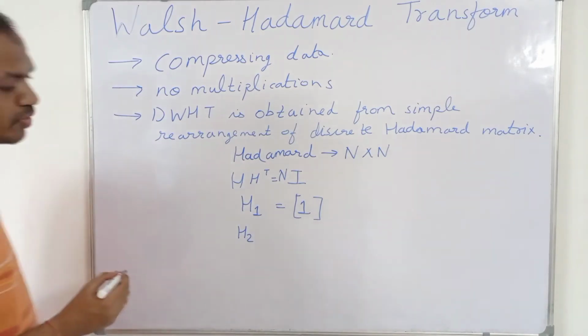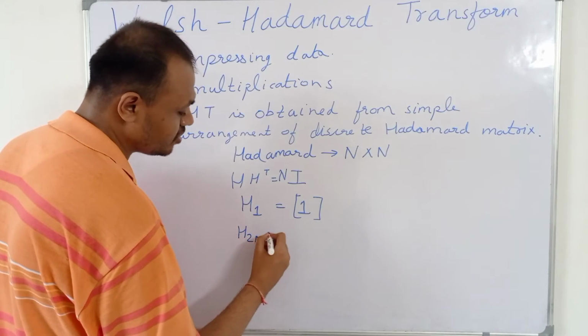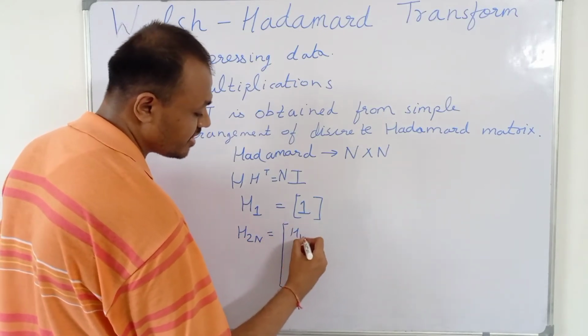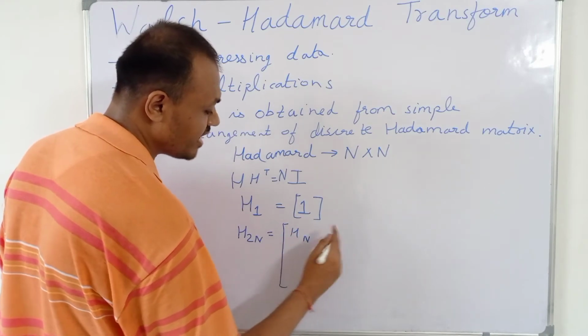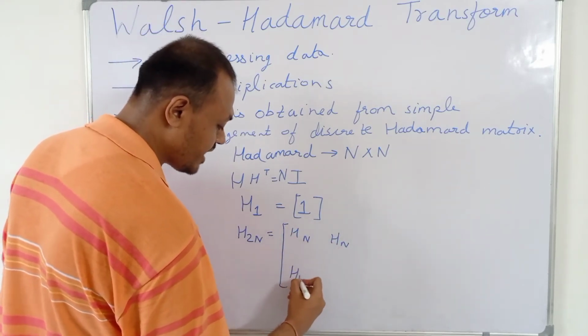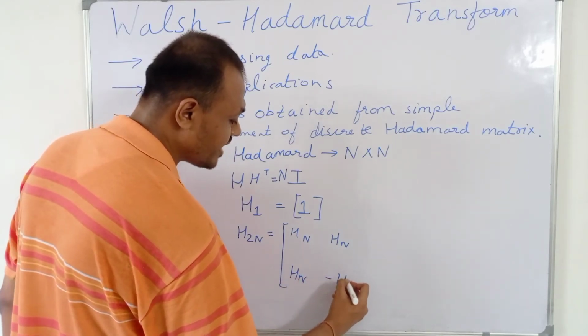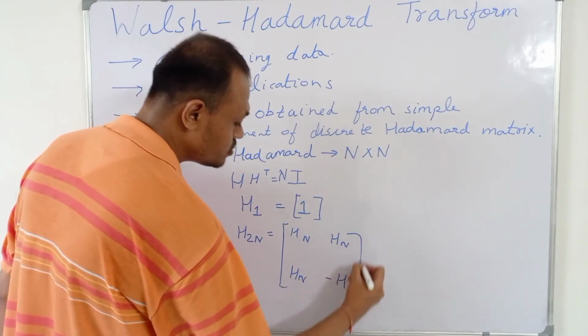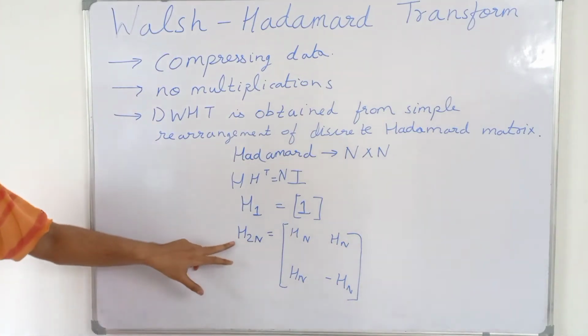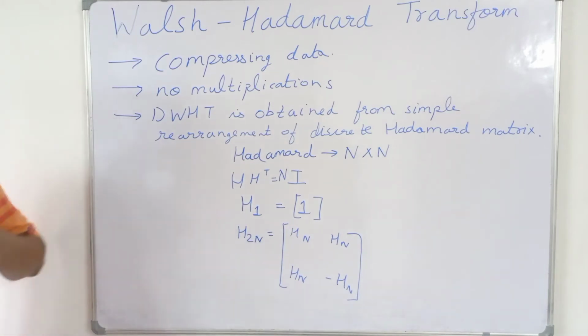H of 2n is equal to H of n, H of n, H of n and minus H of n. So the higher order Hadamard matrix can be obtained from a lower order Hadamard matrix.